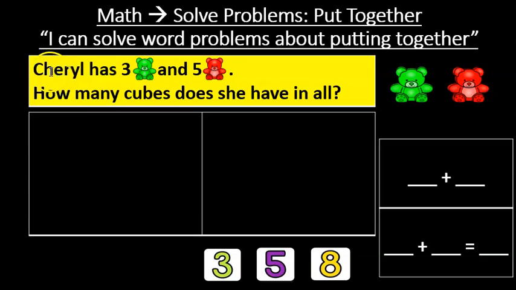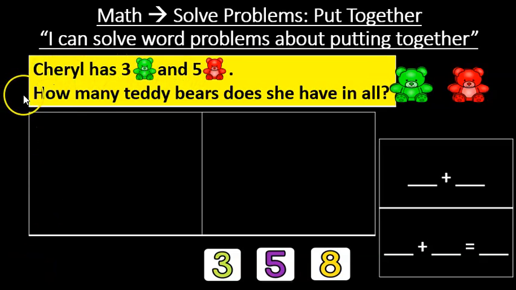That's what that first statement says, okay? Now, let's read our question, okay? Let's read it together. Read it with me. How many teddy bears does she have in all, okay? So they want to know how many teddy bears Cheryl has in all.